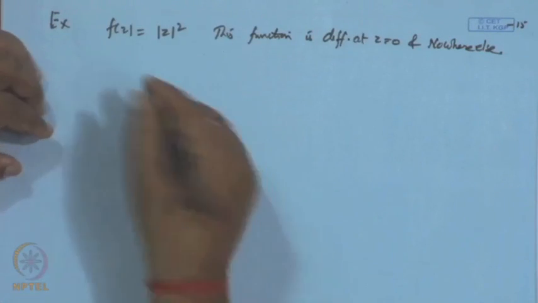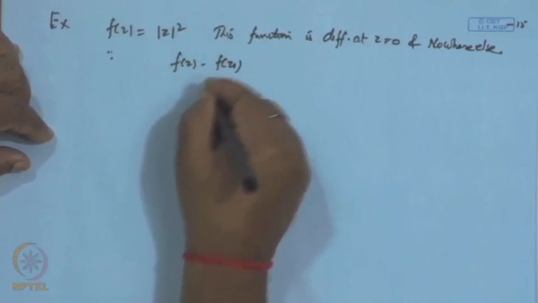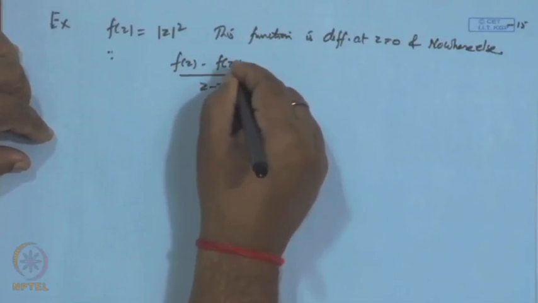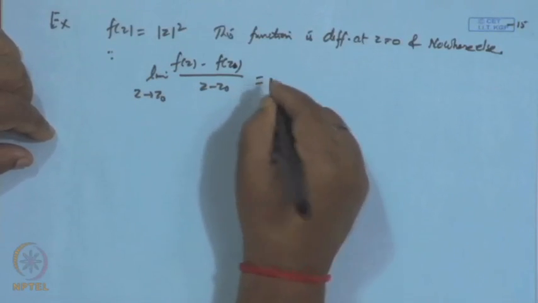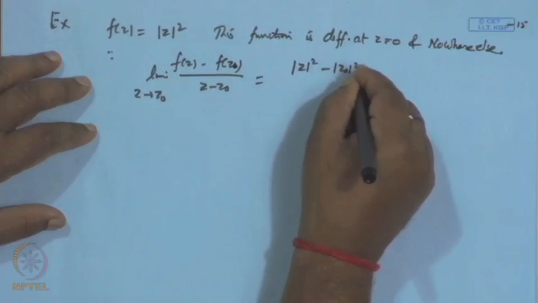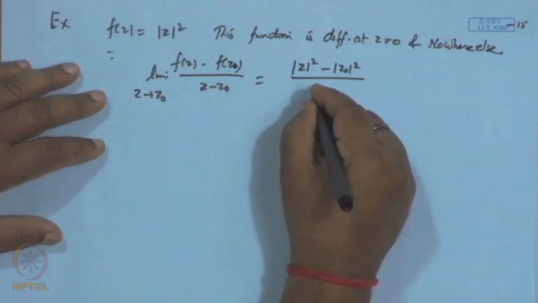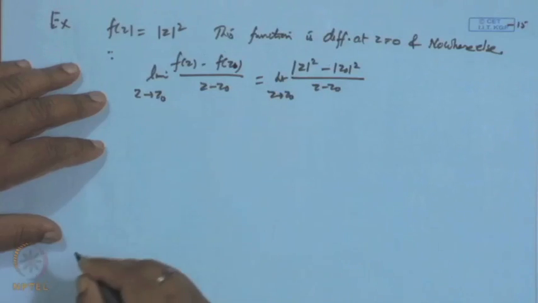Nowhere else, because what is the limit of this? [f(z) minus f(z naught)] over [z minus z naught], limit z tends to z naught.